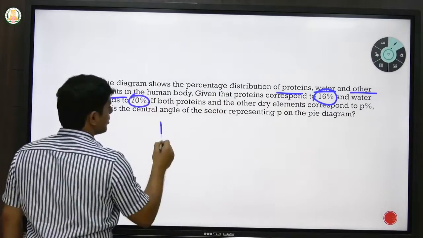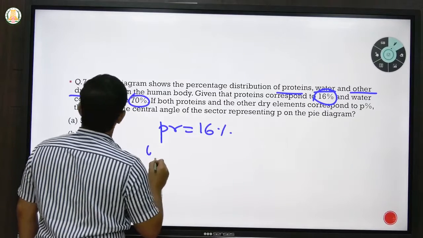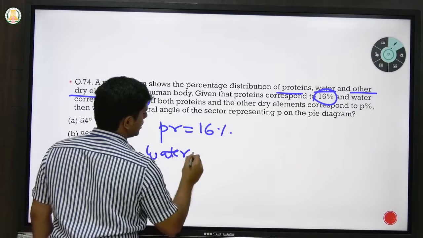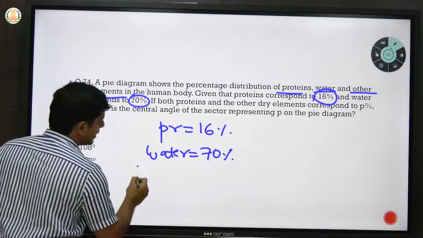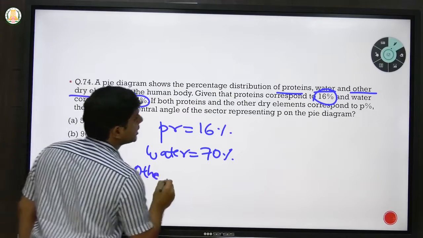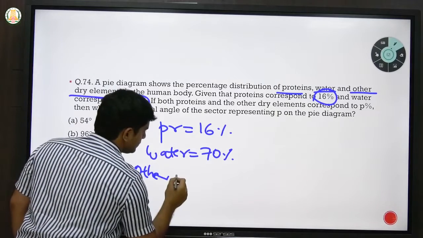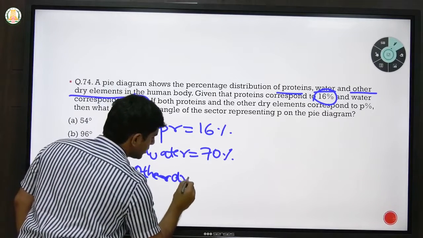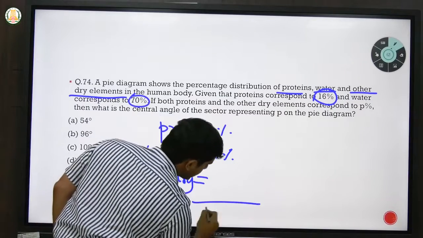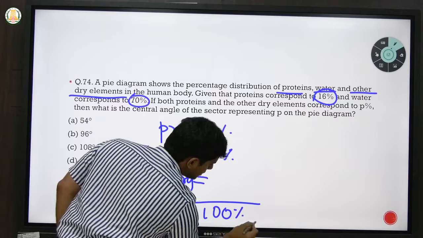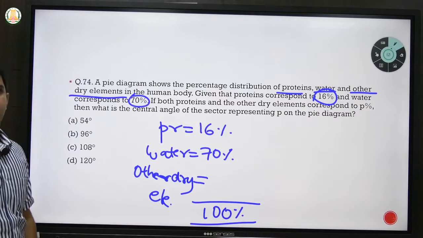Proteins are 16%, water is 70%, and the other dry elements are also present. We don't know their share, but we know that the entire thing should be 100%. So can you tell me how much this will be?